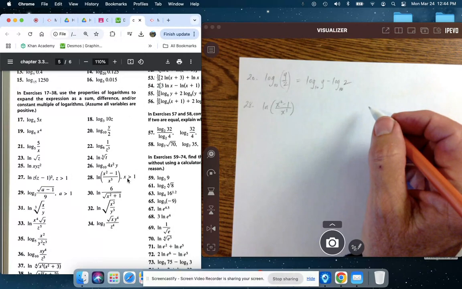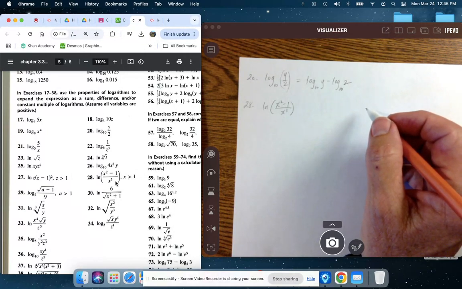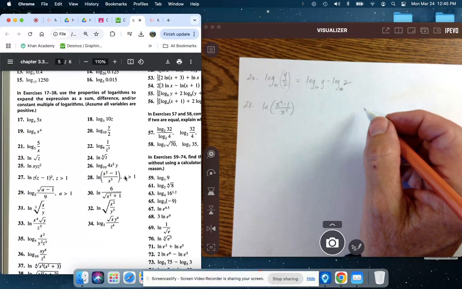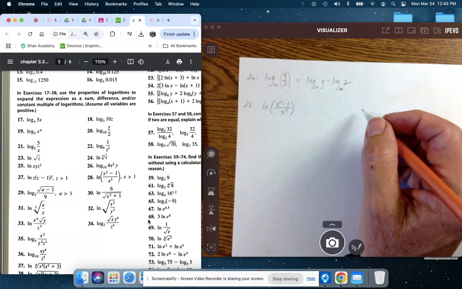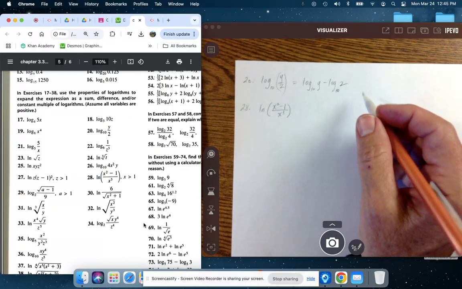They do that because there's a domain problem, I'm assuming. If x is negative, you're going to have trouble with the domain, right? So in order for this to be a logarithm, you have to restrict the domain for positive numbers greater than 1. I won't go into why, but you could probably investigate it and figure out it has something to do with taking the log of the negative.